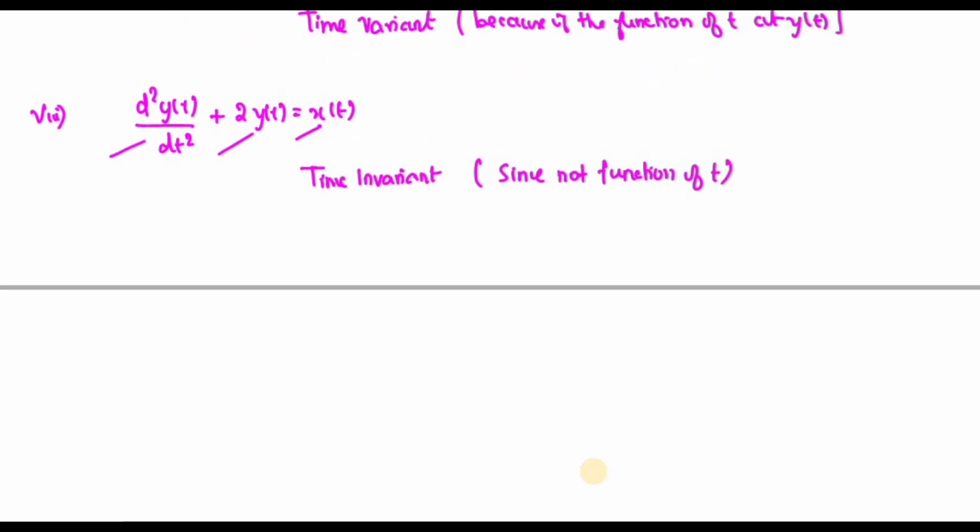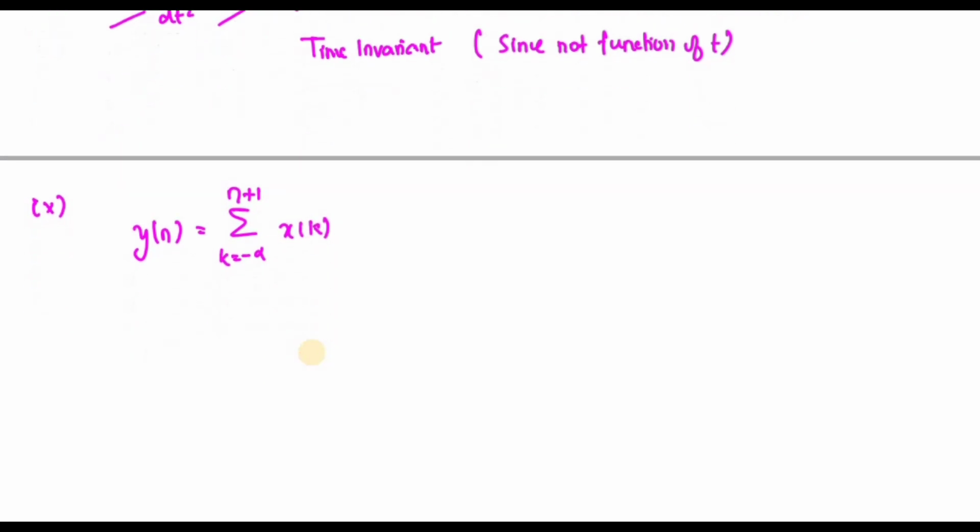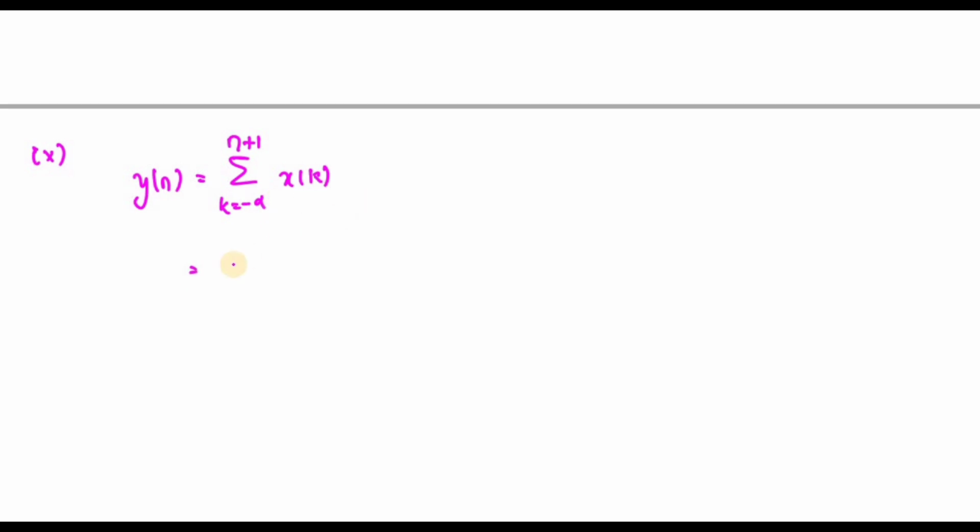So now let us go to another problem. y(n) is equal to summation k equal to minus infinity to n plus 1 of x(k). If I expand this, x(k) goes from x of minus infinity up to x of n plus 1.